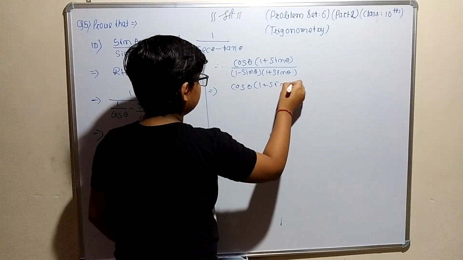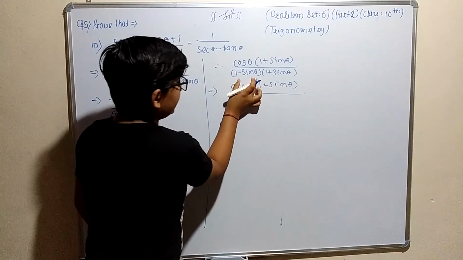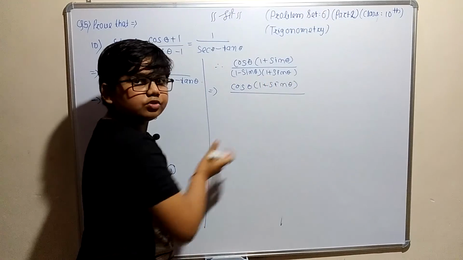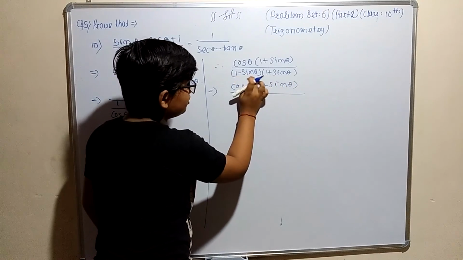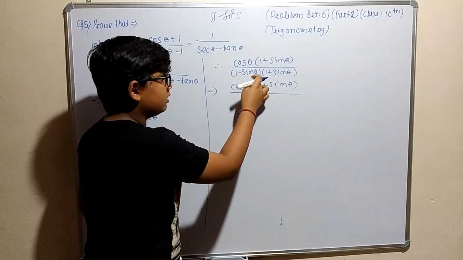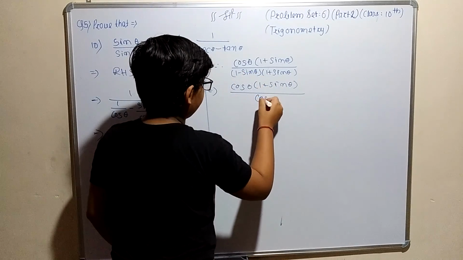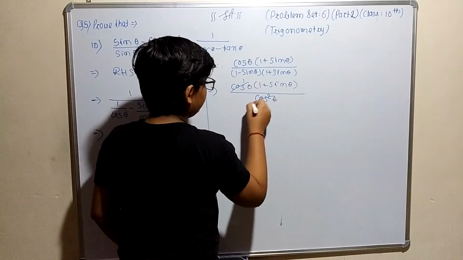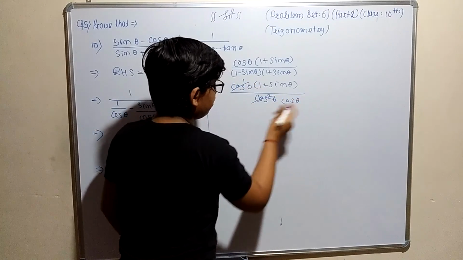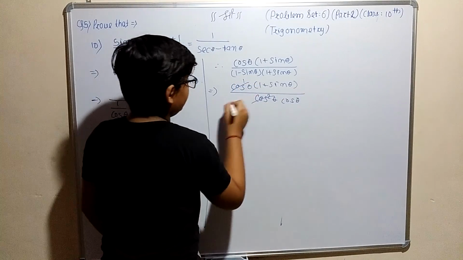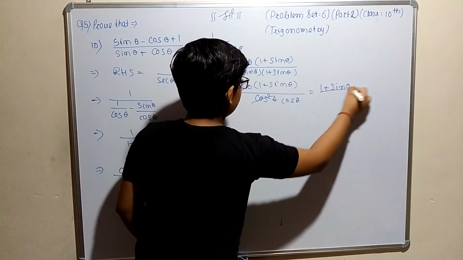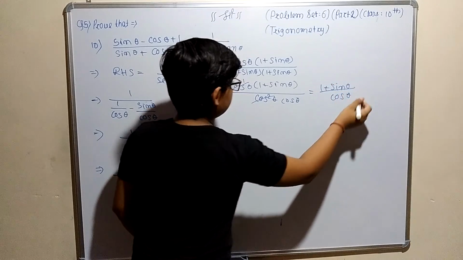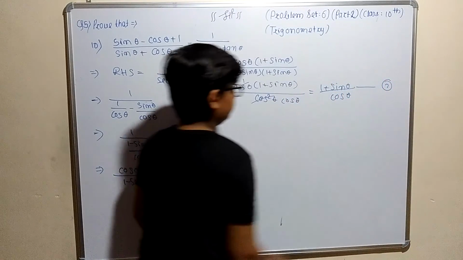The denominator is a minus b into a plus b, which equals a squared minus b squared: 1 squared minus sin square theta. So 1 minus sin square theta is equal to cos square theta. Now cos theta into cos theta gives cos square theta, so we have divided it. Now we get 1 plus sin theta divided by cos theta. Consider this as equation 2.